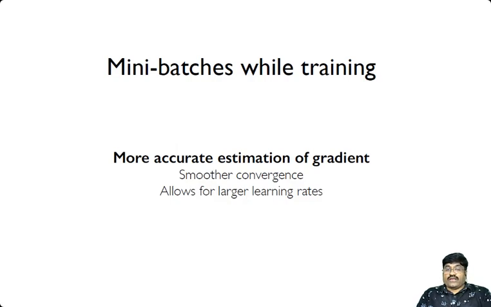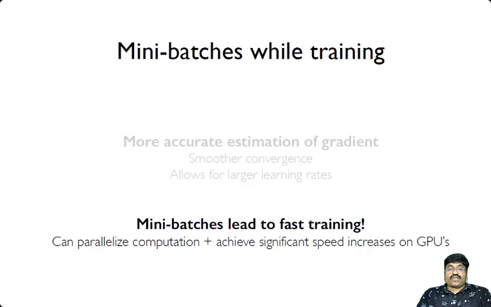If we have a large batch of data to estimate our gradients with, we can increase that learning rate so it steps more aggressively in that direction. What this also means is that we can now massively parallelize this computation, because we can split up batches on multiple GPUs or even multiple computers to achieve even more significant speedups with this training process.